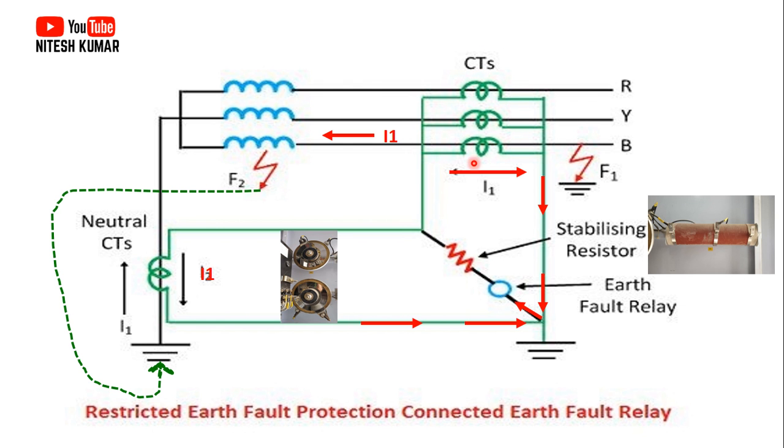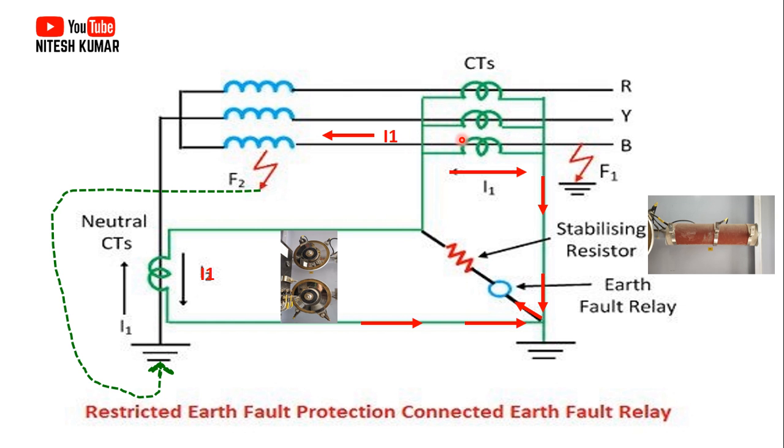Like that, here the current transformer is like a boundary for identifying that the fault is inside the restricted area. Just consider there is a fault in this winding at the point F2. In that condition this I1 current will be feeding the fault current like this, flowing in this direction.